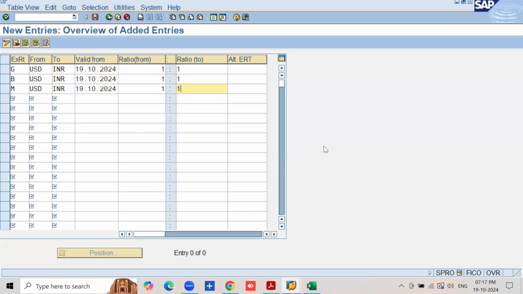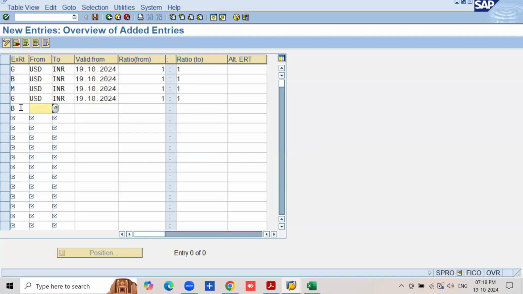Means, for example, we are also incurring business transactions in GBP. So for GBP also, we have to define the translation ratio for every exchange rate type. But like this: exchange rate type is equal to G, from is equal to USD to INR, valid from 19/10/2024, ratio from 1 to ratio 1.